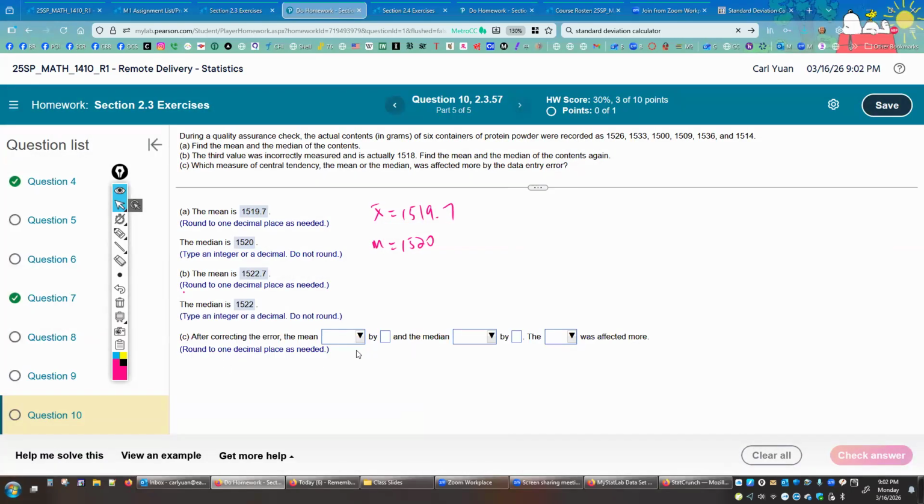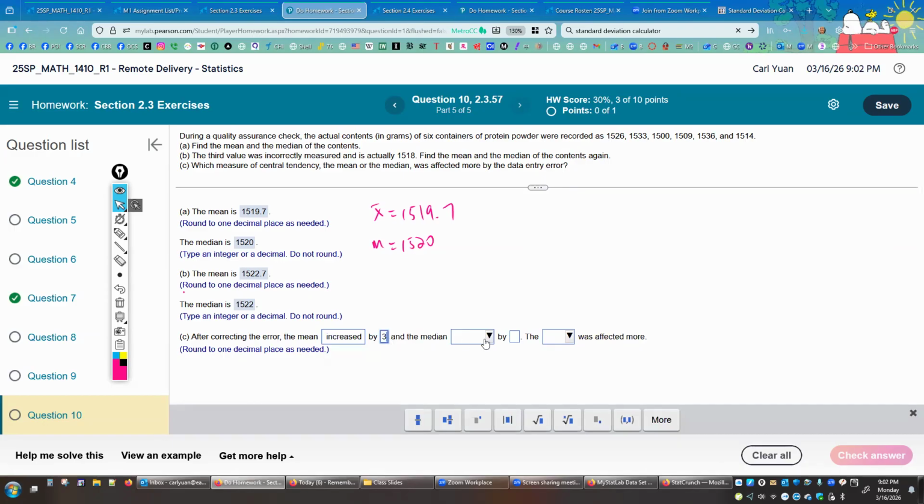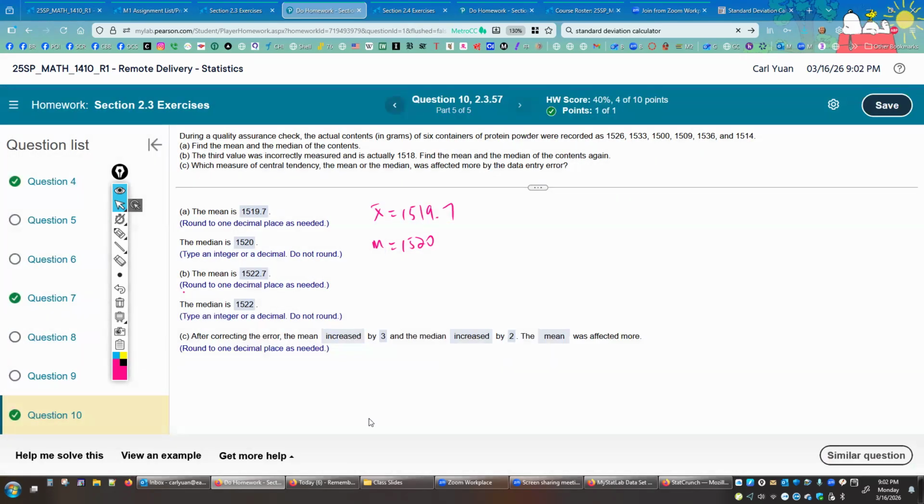So after correcting the error, the mean went from 1519.7 to 1522.7, so it increased by 3. And the median went from 1520 to 1522, so it increased by 2. Which is affected more? The mean was affected a little bit more. Is that it? Yep, that's it.